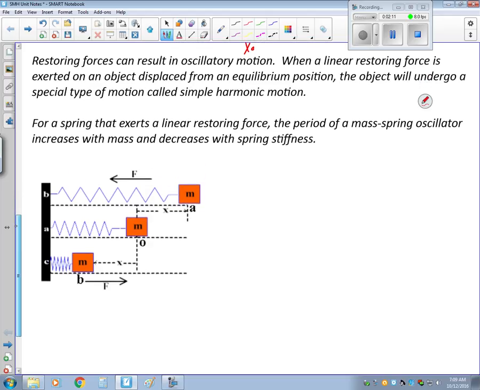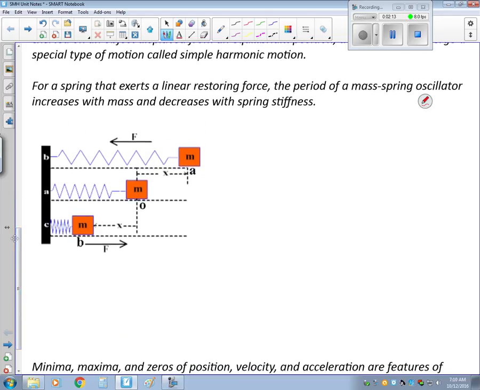All right, for the spring that exerts this linear restoring force, the period of the mass spring oscillator increases with mass and decreases with stiffness. Period is a unit of time. For the period of an oscillator, it's the amount of time from its release point back to the release point.